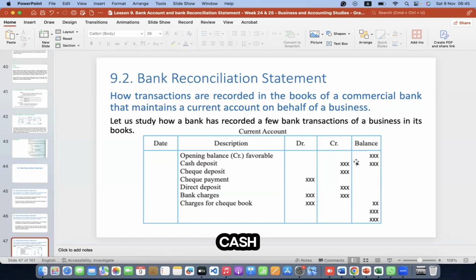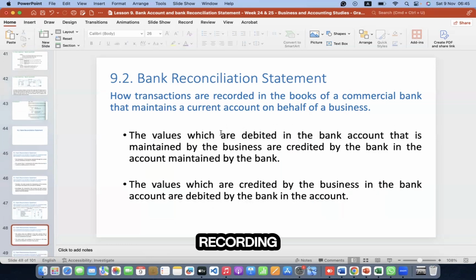When cash or checks are deposited into the bank, the liability balance, the balance that the bank is supposed to pay to its customers, is going up. So because of that, you are crediting it. Check payments you are debiting, bank charges you are debiting, charges for the checkbook you are debiting, and when you are receiving a direct deposit, you are crediting it. This is how the bank is recording its transactions.